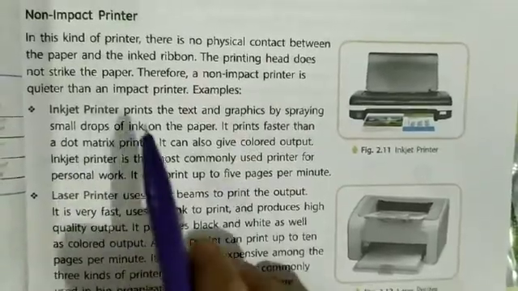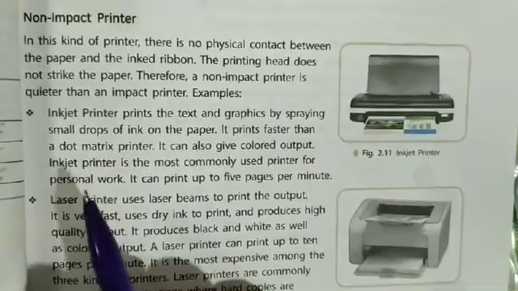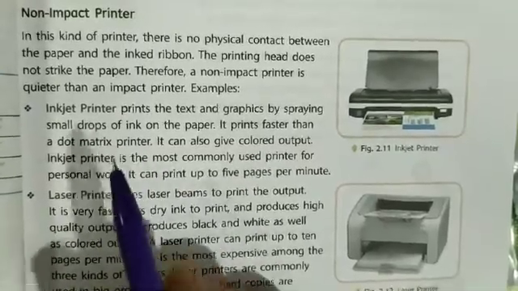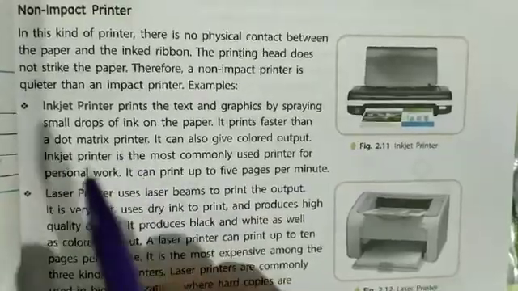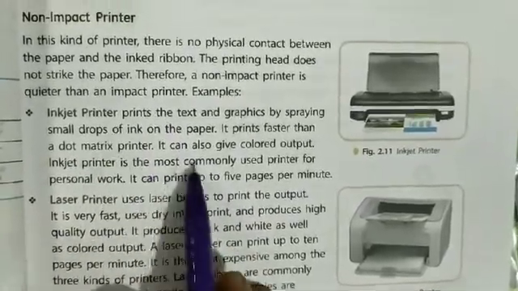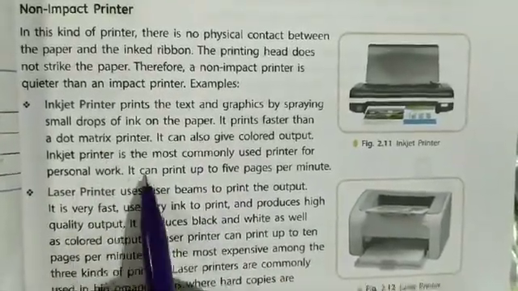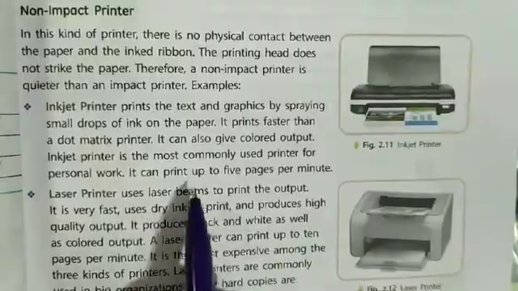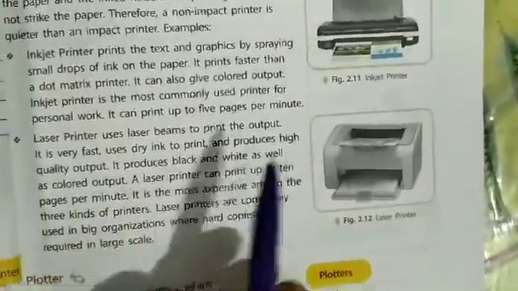It prints by spraying streams of quick drying ink on paper. The ink is stored in disposable ink cartridges and often a separate cartridge is used for each of the major colors. It can print up to 5 pages per minute.